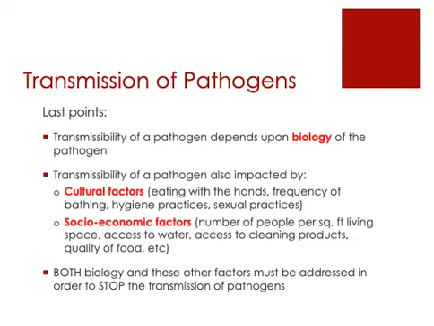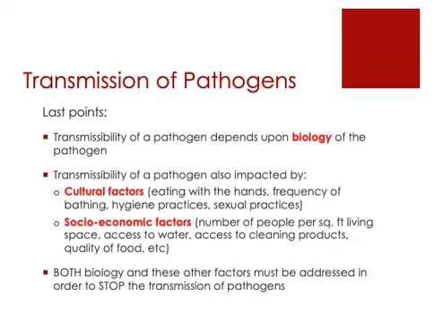So by cultural factors, we could be talking about things like whether or not a particular host eats with their hands, if that's a normal cultural practice for them, how frequently that person bathes, what their particular hygiene practices are, what their sexual practices are. There are lots and lots of cultural factors that influence the transmission of infectious disease.